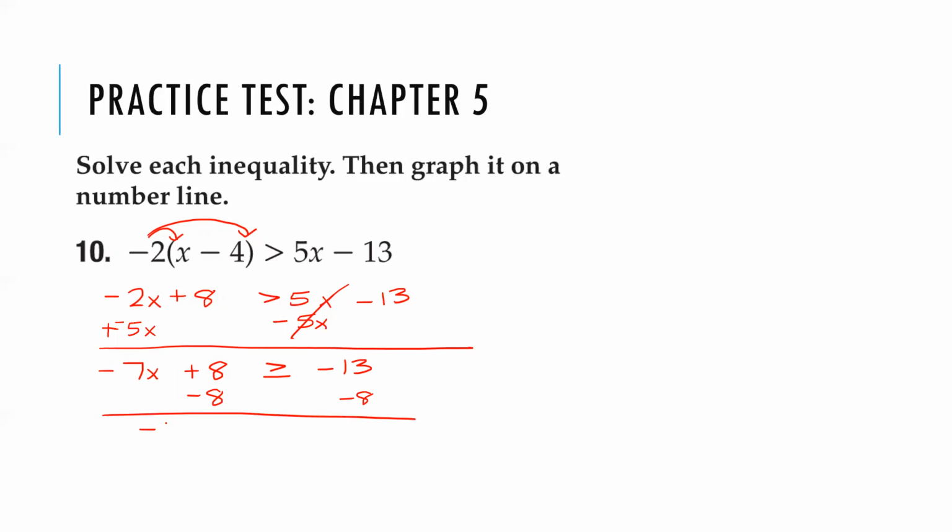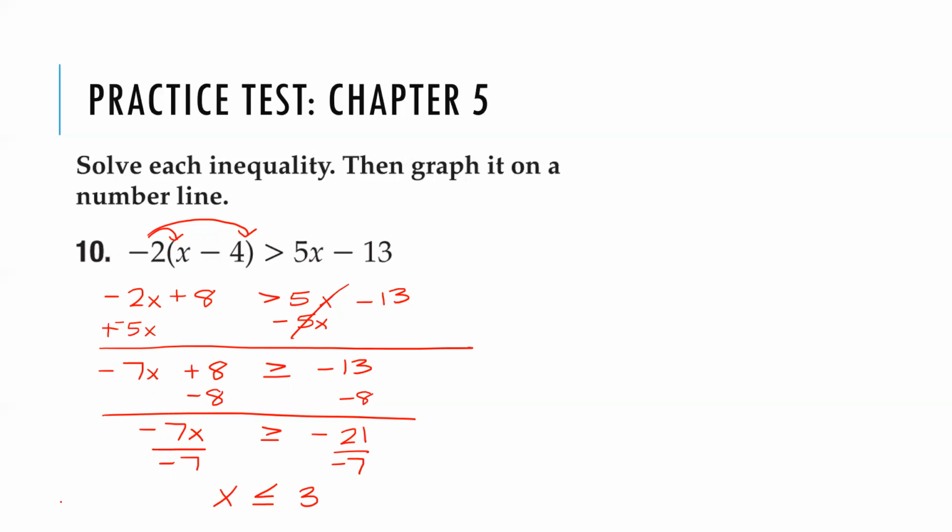I end up with -7x is greater than or equal to -21. Now I'm dividing by -7. So I have to flip that inequality. I'm dividing by a negative. Okay? And then this is x. And then negative divided by negative is positive, and this is a +3.